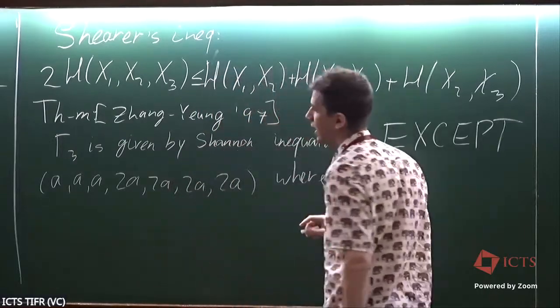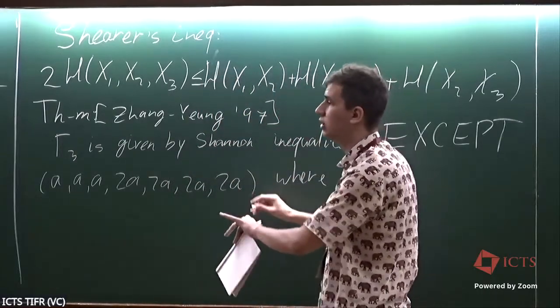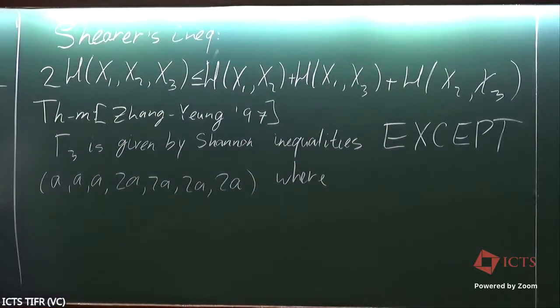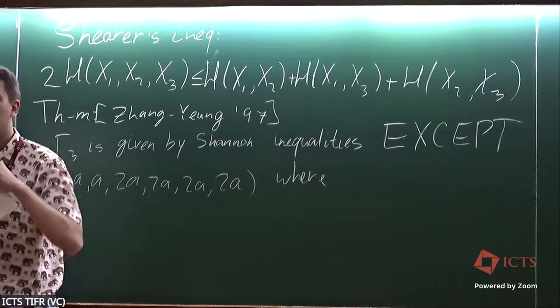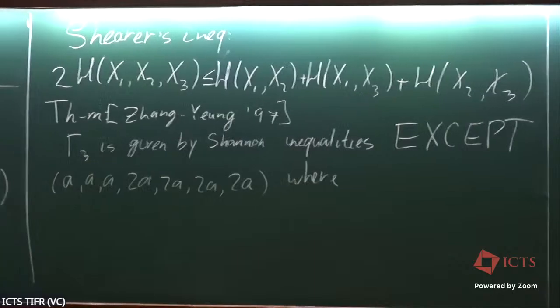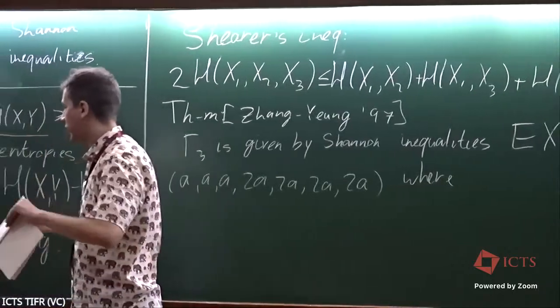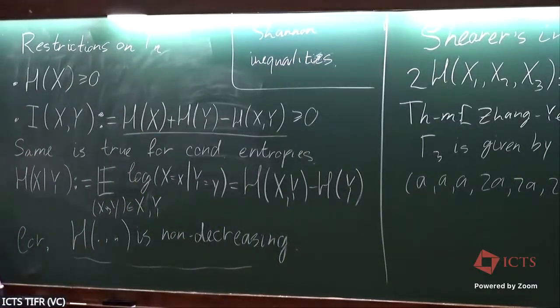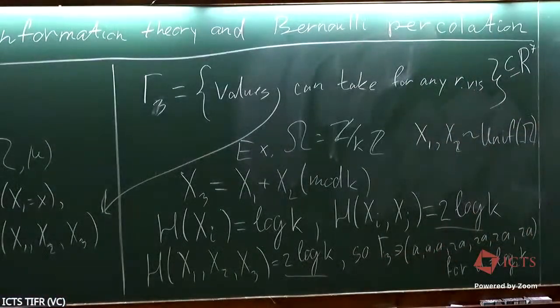In this case, you can see that a lot of Shannon's inequalities are stressed. For any two variables, they are independent, so their mutual information is 0. This is very stressed. You have this corollary that H is not decreasing, which is also stressed. You see that 2 log K, 2 log K, it almost breaks.